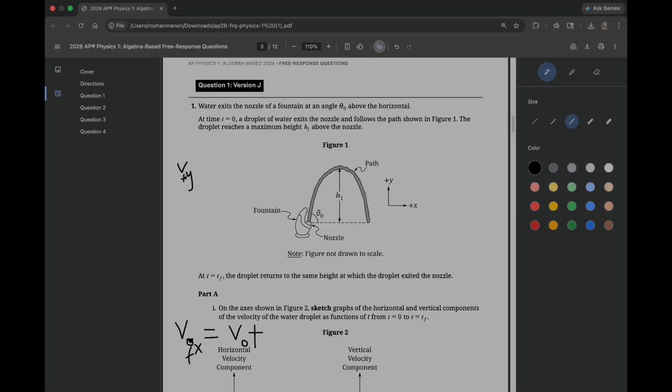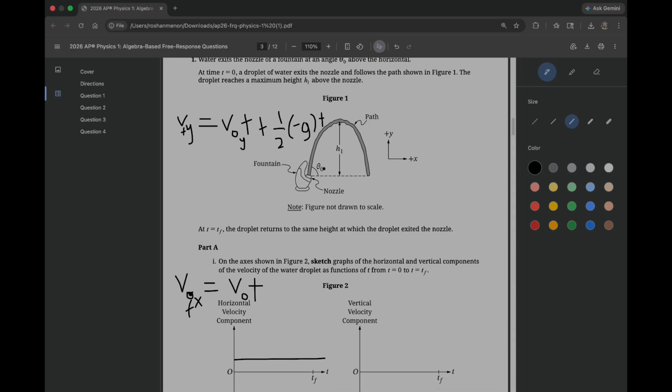So v final y equals voy plus 1/2 negative g t. Basically, the projectile motion in the y direction is given by this formula.